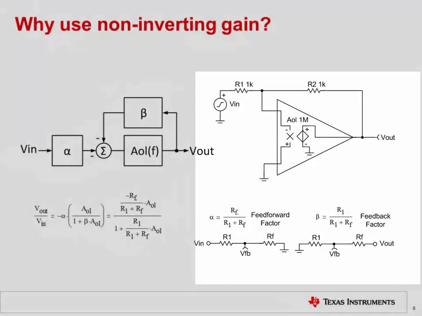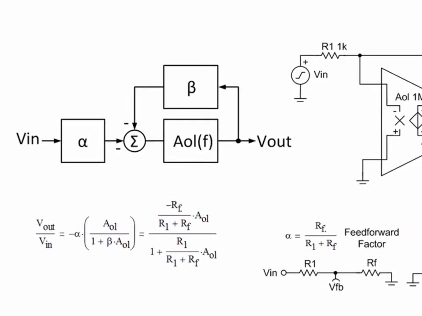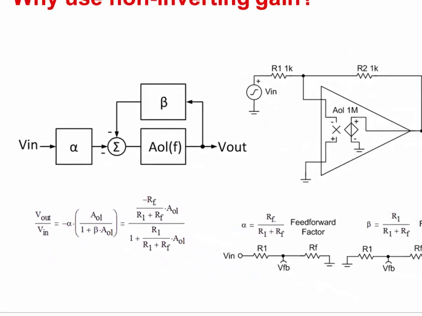The control system representation is more intuitive, so let's focus on that. The transfer function of the inverting configuration is AOL divided by 1 plus AOL times beta, multiplied by the feed-forward factor, alpha. AOL is the only term in the equation that changes with frequency.